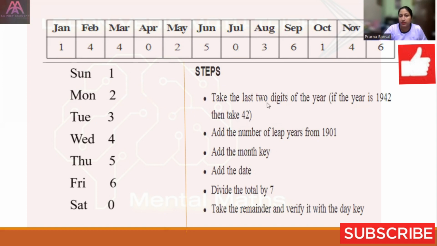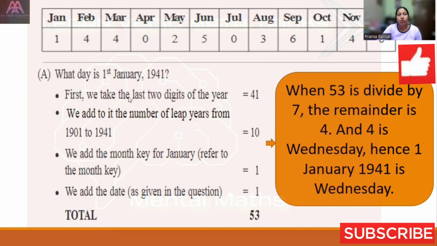Let's take one example. These are the same steps written over here. Okay, let's say we have to find the day on 1st January 1941. So what we will do, we will take the last 2 digits of the year. Just like 41 is here, so we will take 41, right? And after that, we will add the number of leap years. How you will find the leap years?